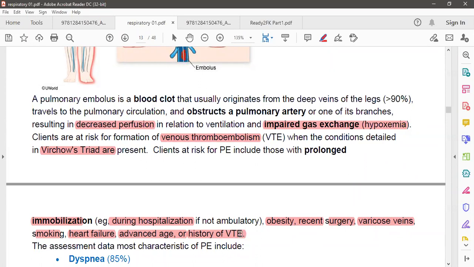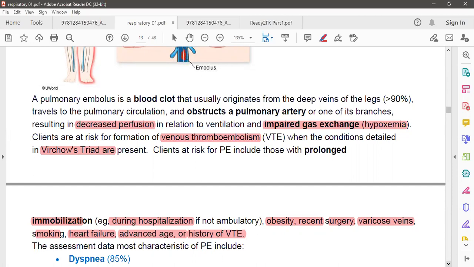So what are the risk factors? Prolonged bed rest, any major surgery, long plane travel, pregnancy, obesity, congestive heart failure, long bone fracture, smoking, and oral contraceptives.